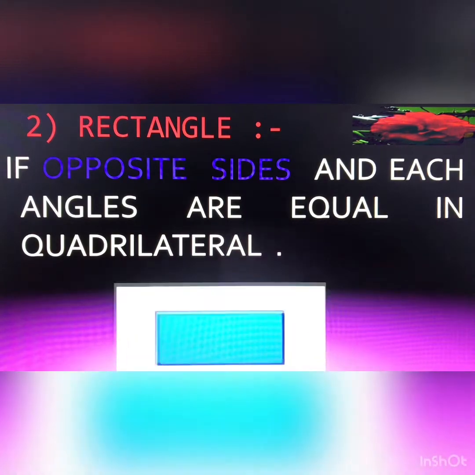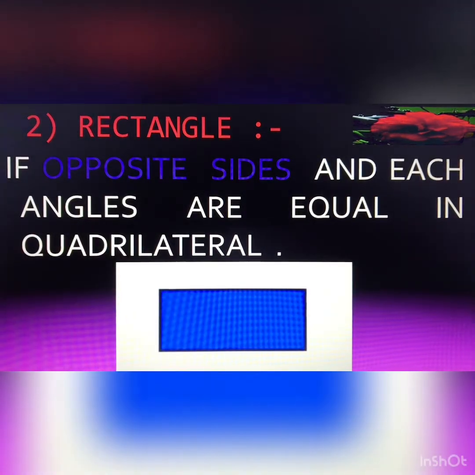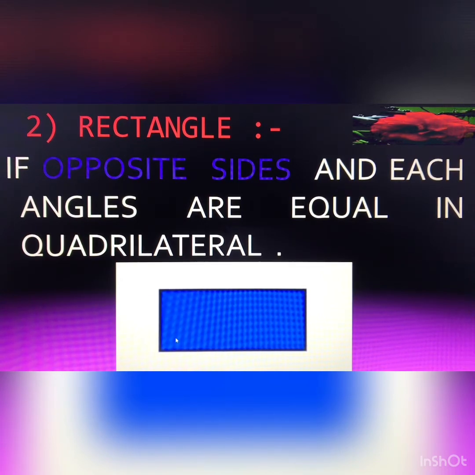This is an example of a rectangle. You can see that opposite sides are equal, length equals length and breadth equals breadth, and each angle is also 90 degrees. This white shape is also a quadrilateral. So this type of quadrilateral is known as a rectangle.